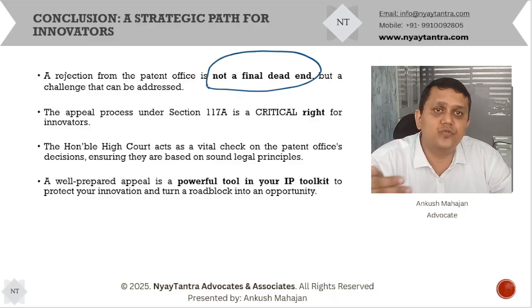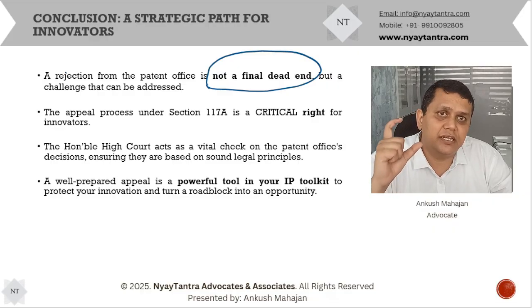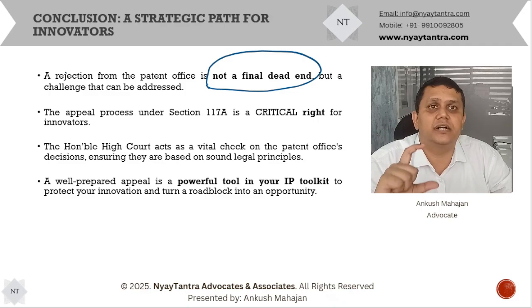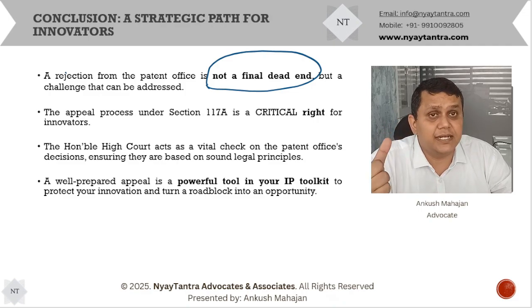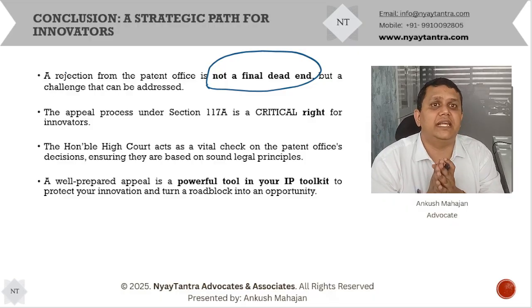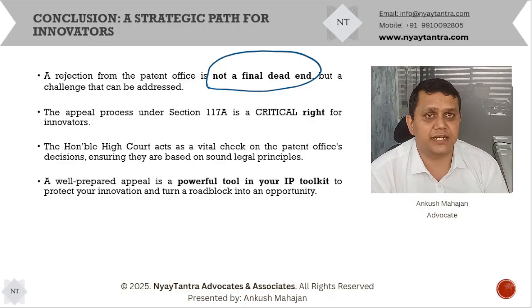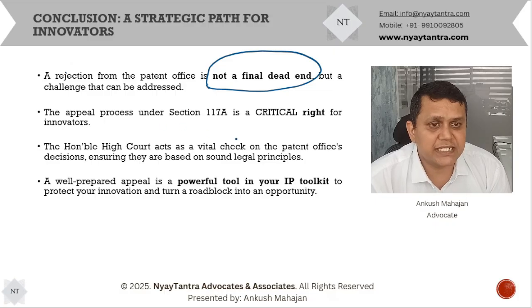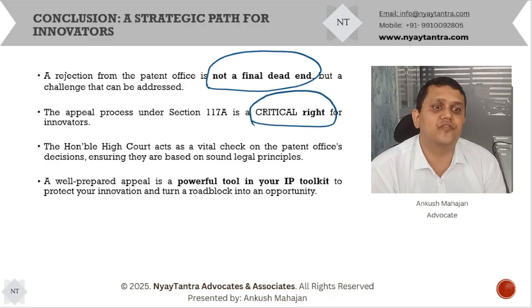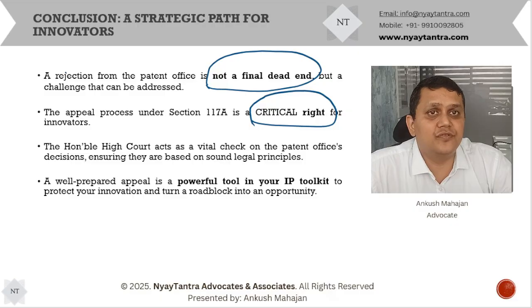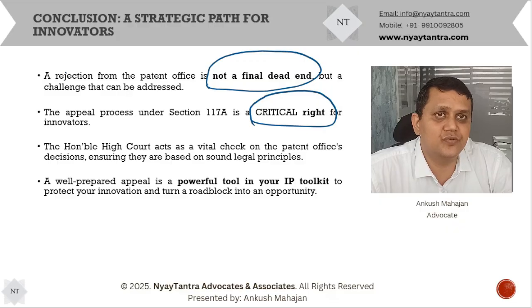You must go through the decision, the final order, in detail and find out where you feel that the learned controller has erred in its finding, and that's where your basis for filing an appeal begins. The appeal process under section 117A is a critical right for innovators. If you do not appeal, then obviously the final order will always be against you.